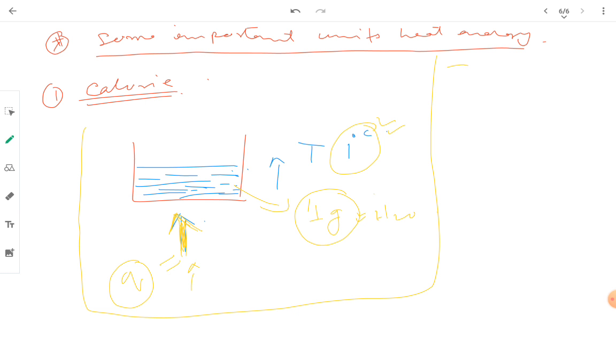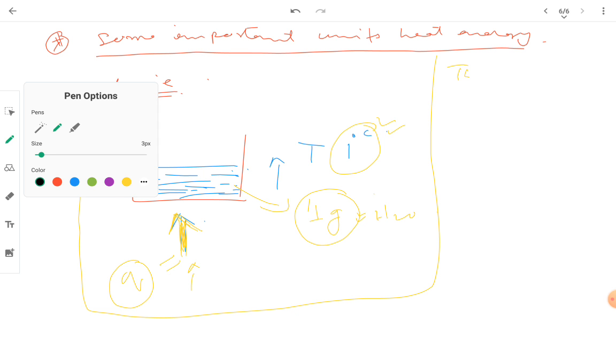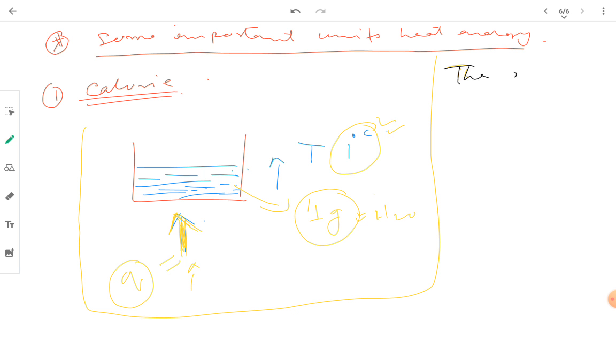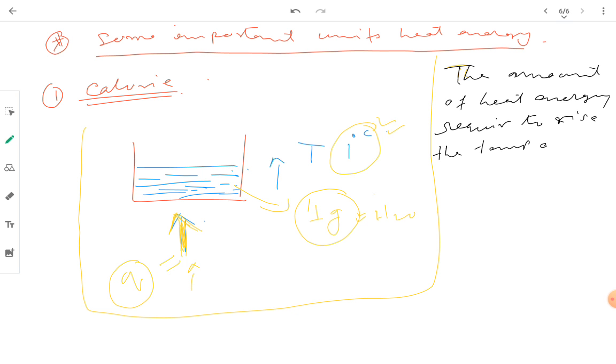It is nothing but the amount of heat energy required to raise the temperature of 1 gram of water by 1 degree C, is called a calorie. Okay.